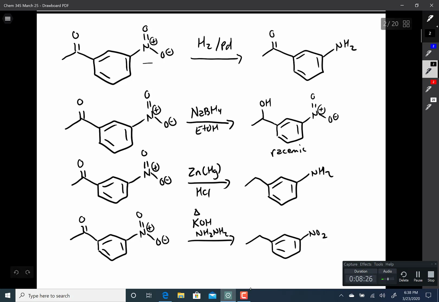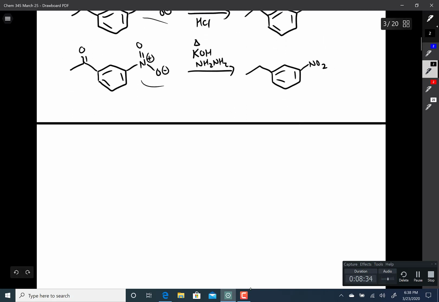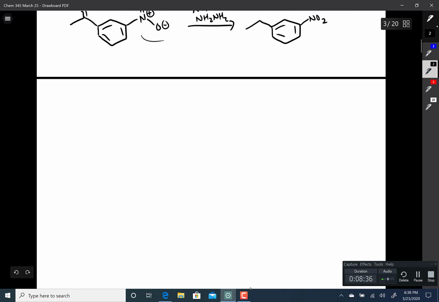The nitro group is a very reactive compound to reducing conditions. Other reducing agents to avoid, well, we've already talked about. Avoid using LAH with nitros.